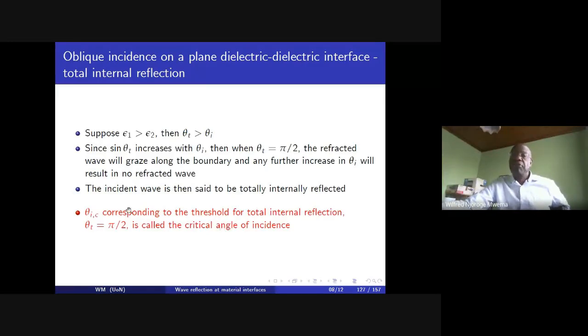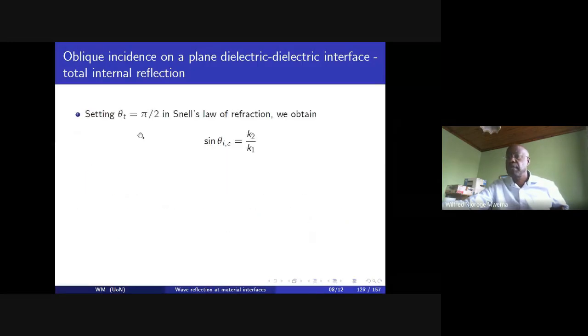So the angle of incidence, theta IC, that corresponds to the threshold for total internal reflection, that is theta t equal to pi by 2, is usually referred to as the critical angle of incidence.